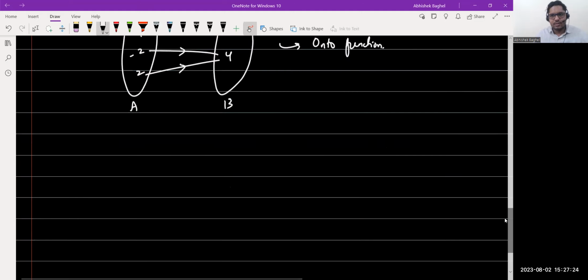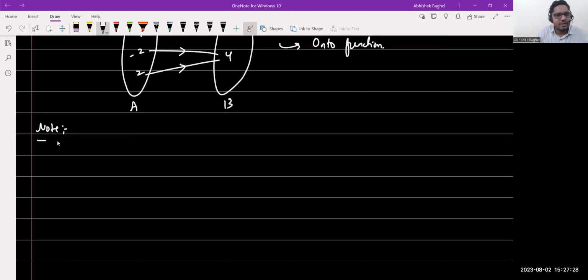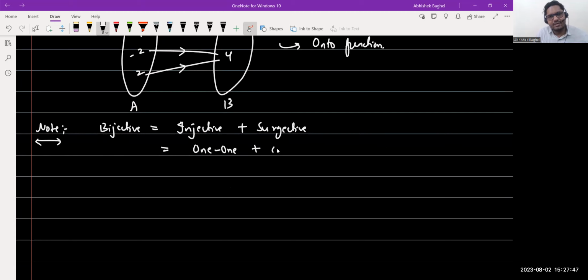Now write a note, a very important note. Students will use it frequently. That is the bijective function. A bijective function is nothing but injective plus surjective. Injective means one-one, surjective means onto.